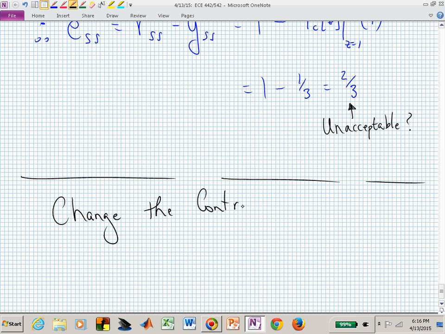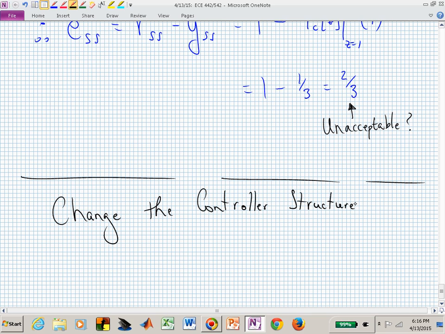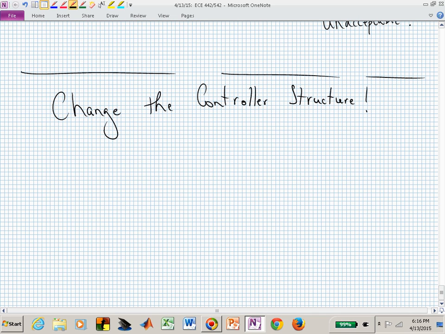What if we now change the controller structure? The next logical step up from P is PI.